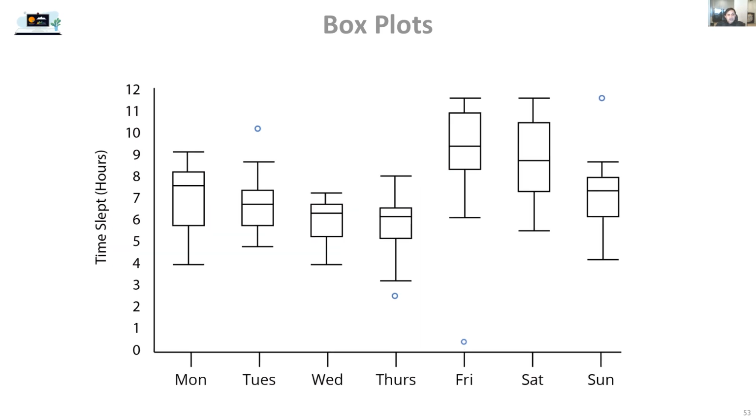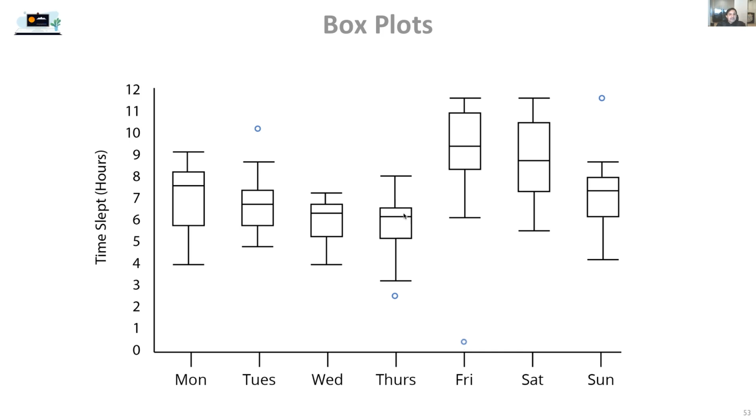Now, let's try to analyze the boxes and whiskers. The boxes and whiskers show the same overall trend as the medians, but they contain much more information. For example, we observe that on weeknights, the boxes are not symmetrical. As you can see, the medians are very close to the top of the box.